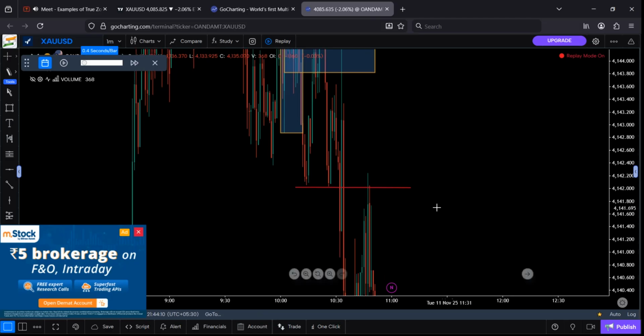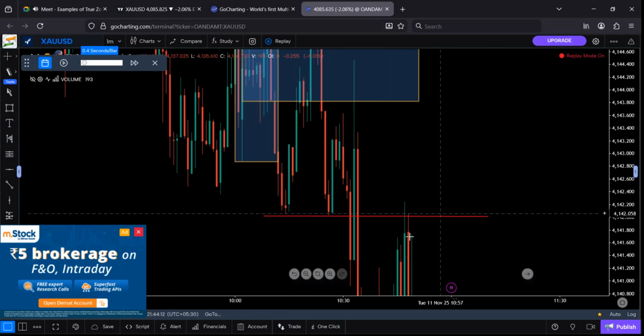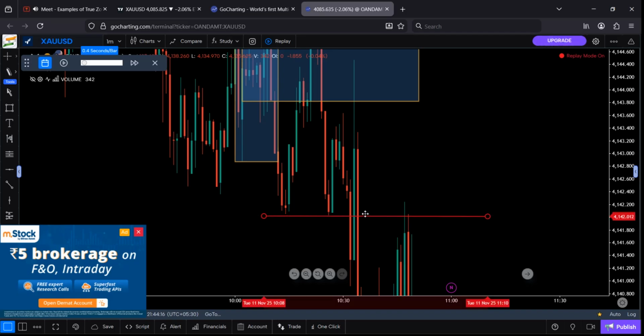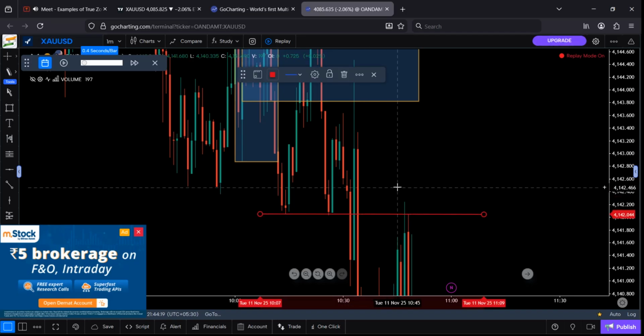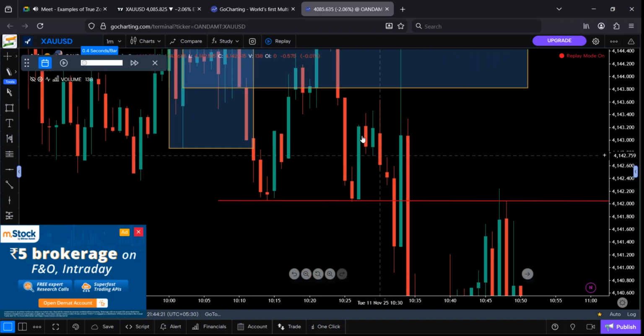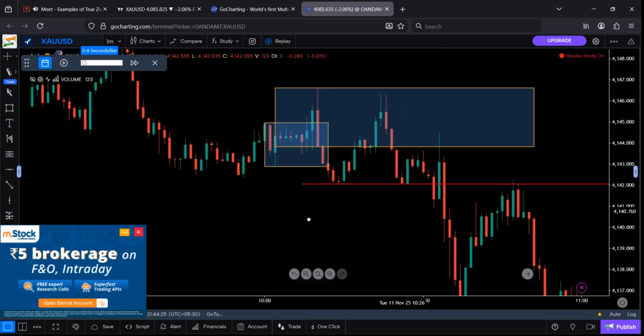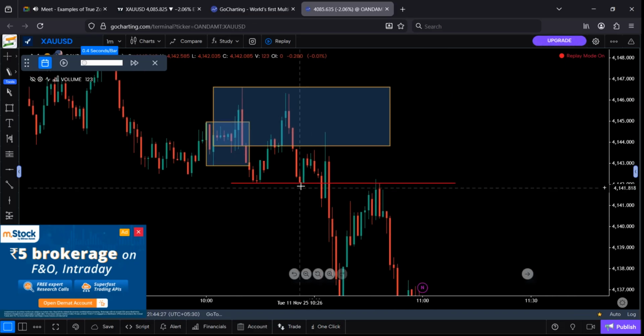If you look closely what happened here, price has crossed this here. So we have a minor RS here. This is minor and this is major. Yes.